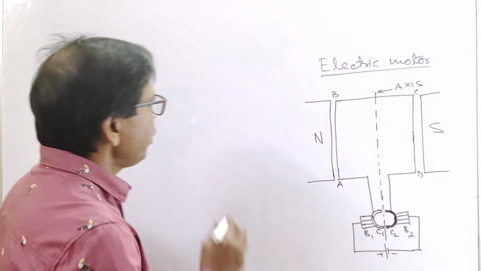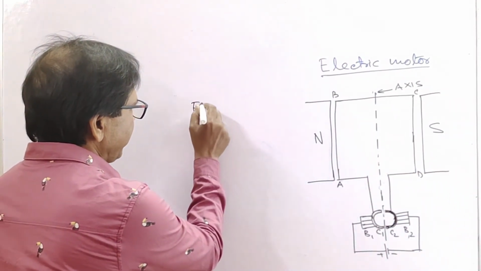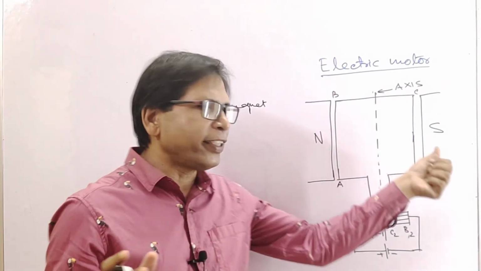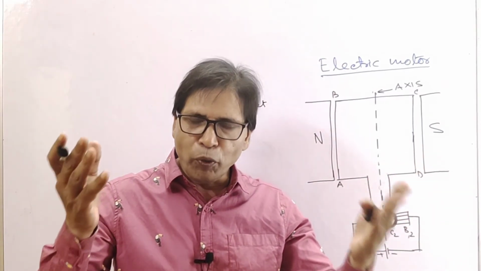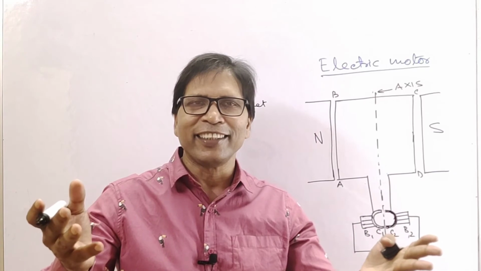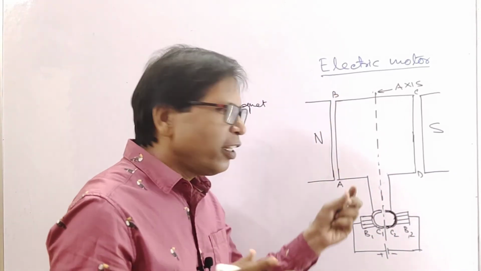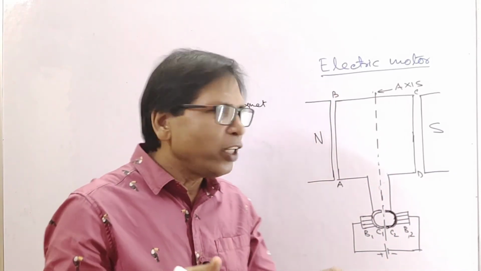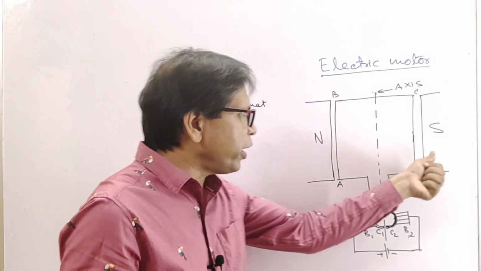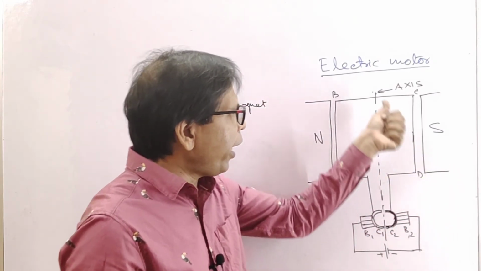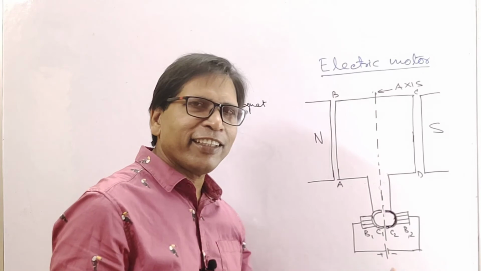Now, the components. First of all, the field magnet. N and S are the two poles of a field magnet. The armature coil is rotated within the two pole pieces of the field magnet about a fixed axis.